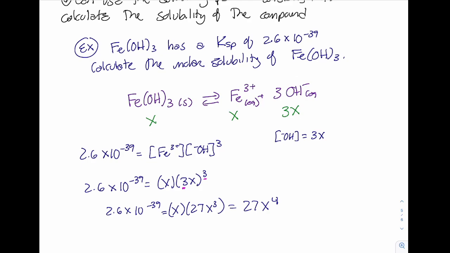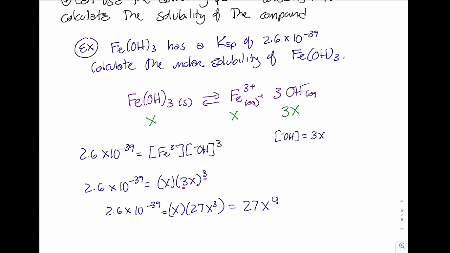So again, just be really careful. We need to take x and multiply it by 3 because of this 1 to 3 ratio. And then the expression says you take that 3x and you cube it, and then don't forget to cube that 3x. So you need to cube the 3, 27. You also need to cube that x.